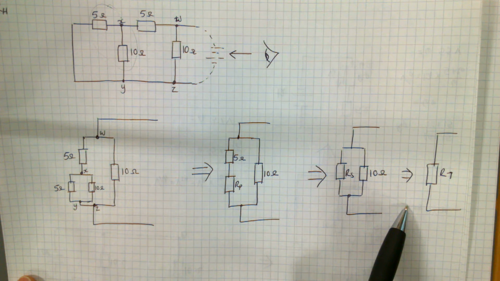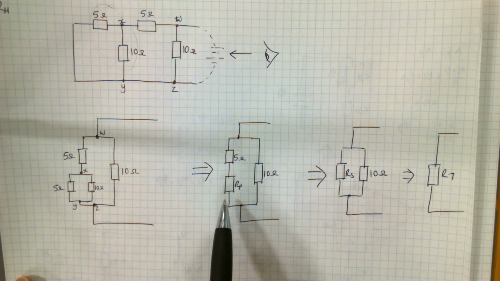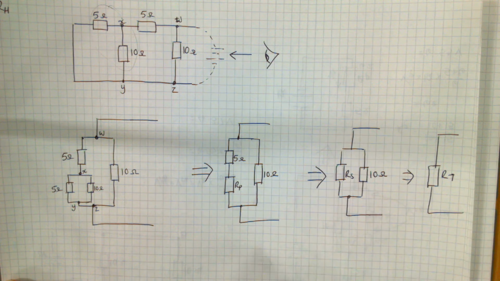So now all you have to do is work out your value for RP, RS, RT. So you're using techniques you already know. So 10 and 5 in parallel, you can do that.